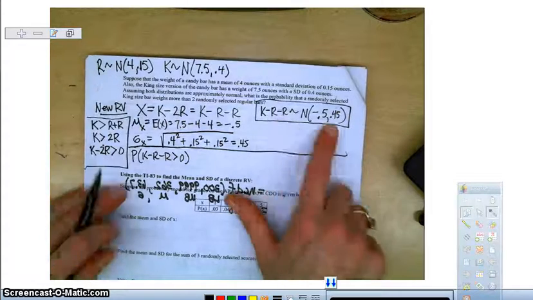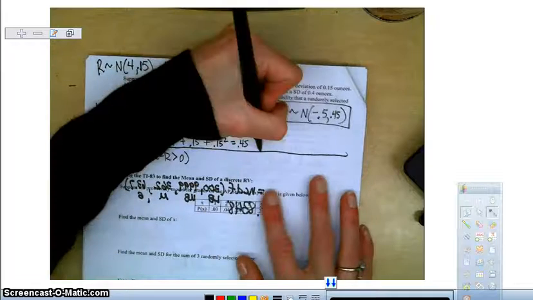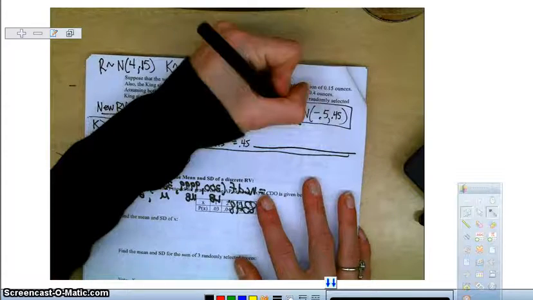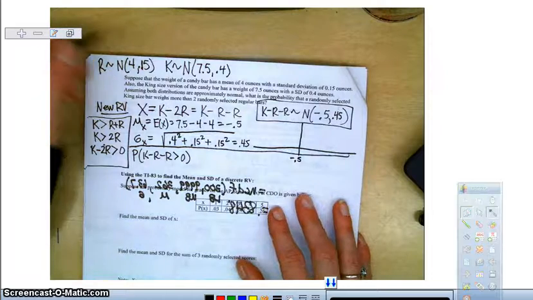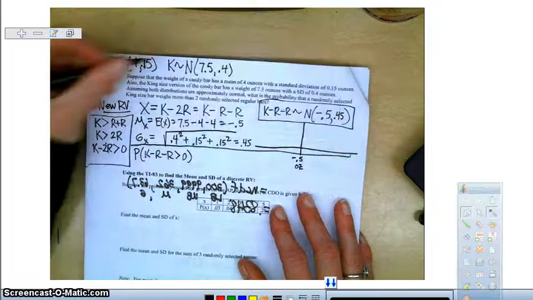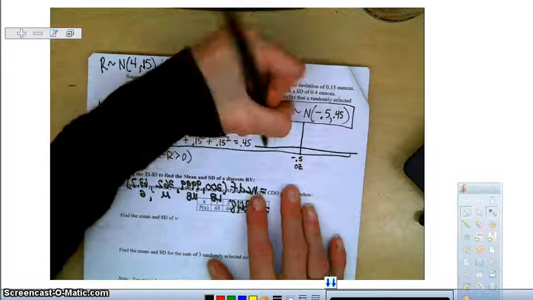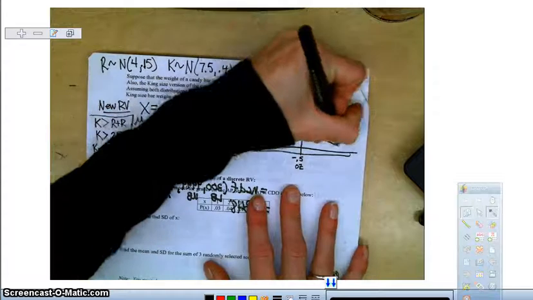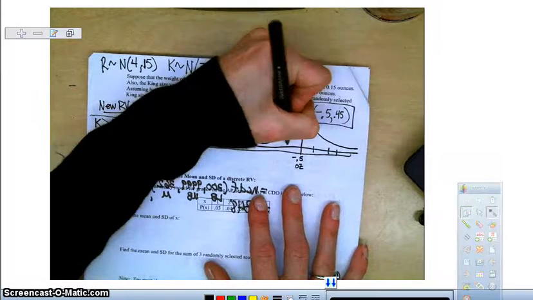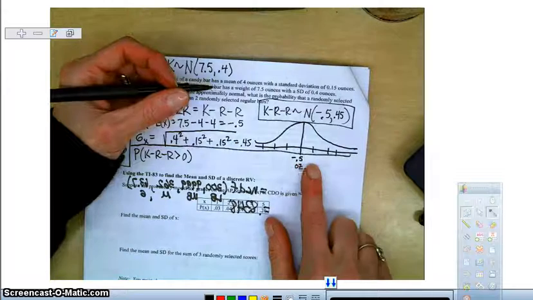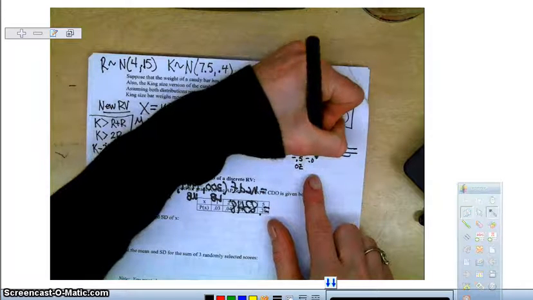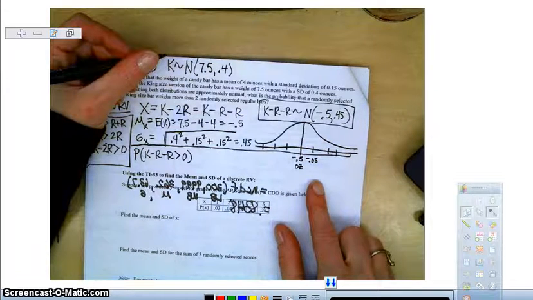So here's our new random variable. I'll squeeze this little picture in here. Negative 0.5, and this is ounces. I need to put my 3 standard deviation marks, adding 0.45. Negative 0.5 plus 0.45 is negative 0.05.